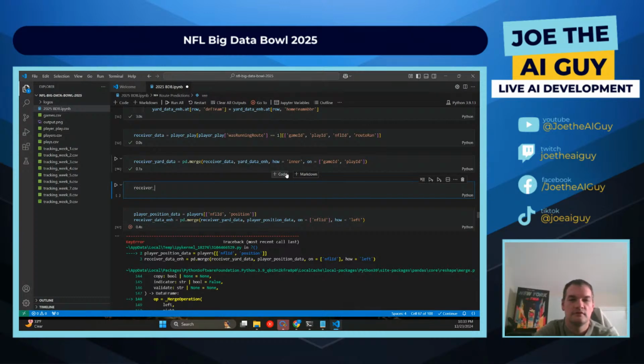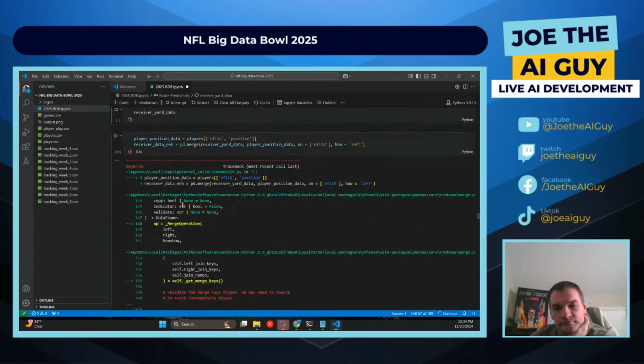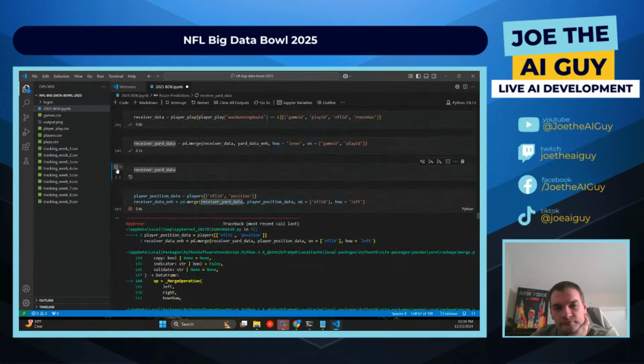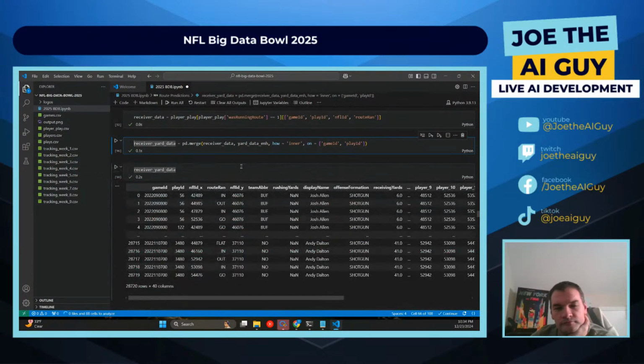Receiver. There we go. For some reason it was hung up. Okay.